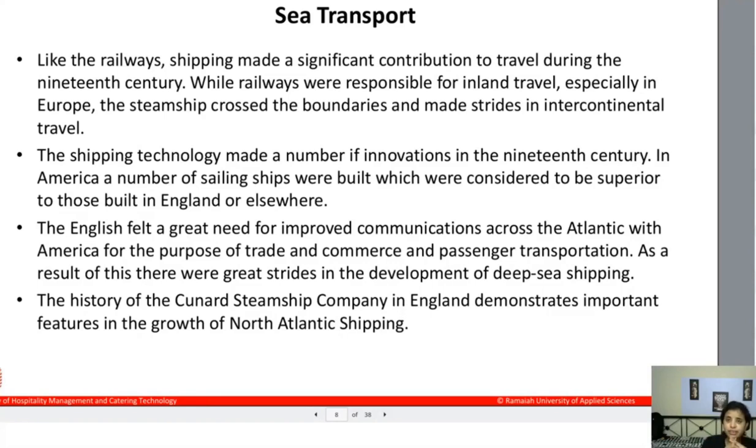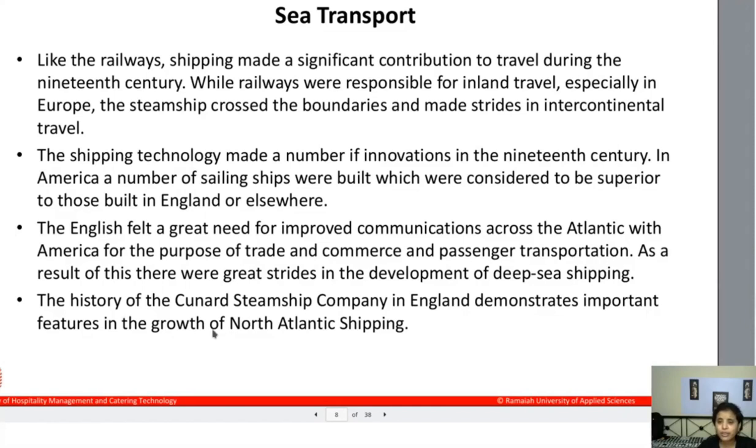Another sector in the transportation industry is the sea medium. So we know ferries, ships, and cruises have contributed a lot in the sea medium. The major contribution, or the first company to contribute to passenger travel, was the Cunard Steamship Company.